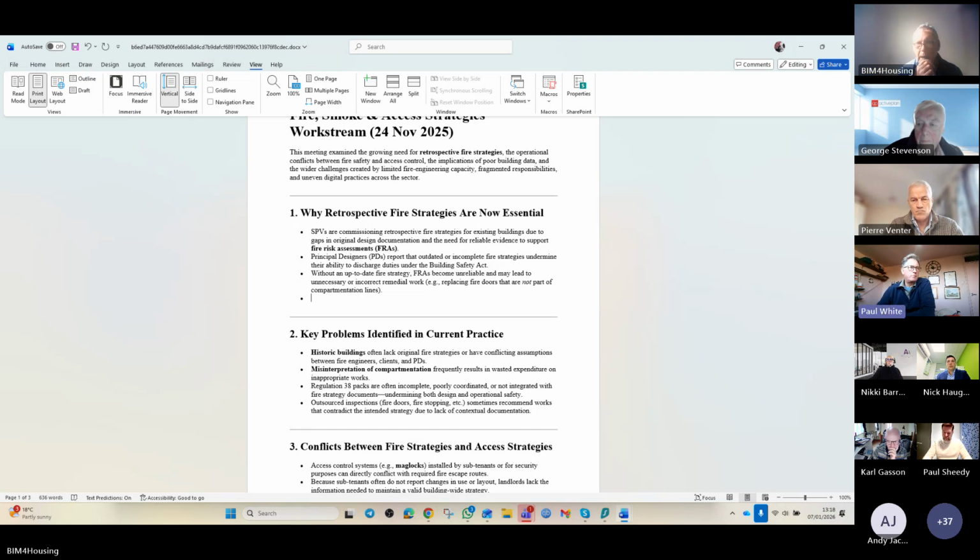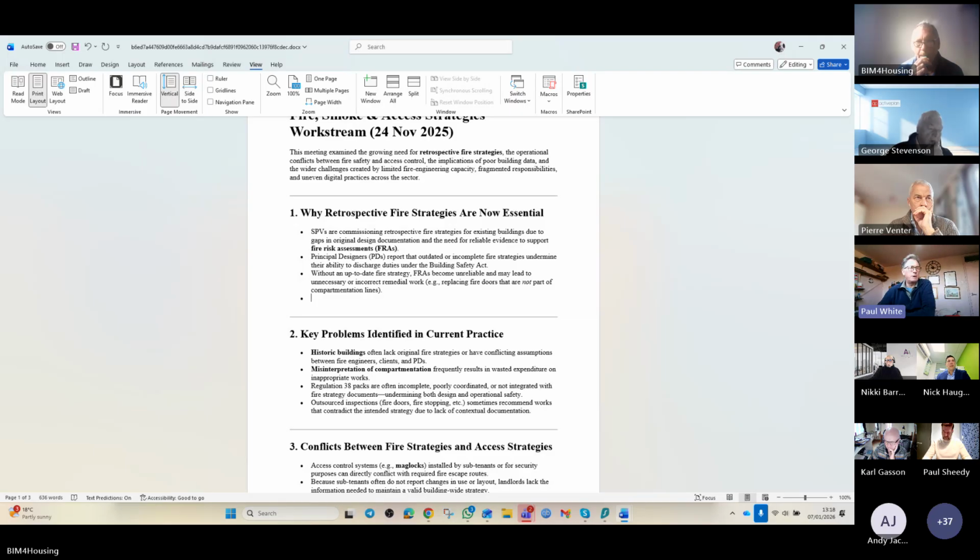Yeah, I mean, just going on from both of those points, really, we certainly need to know what the building is, its dimensions, its details, and what the requirements were at the time of original construction. But then you've got the change of use, and you've got the change and design changes within the building.